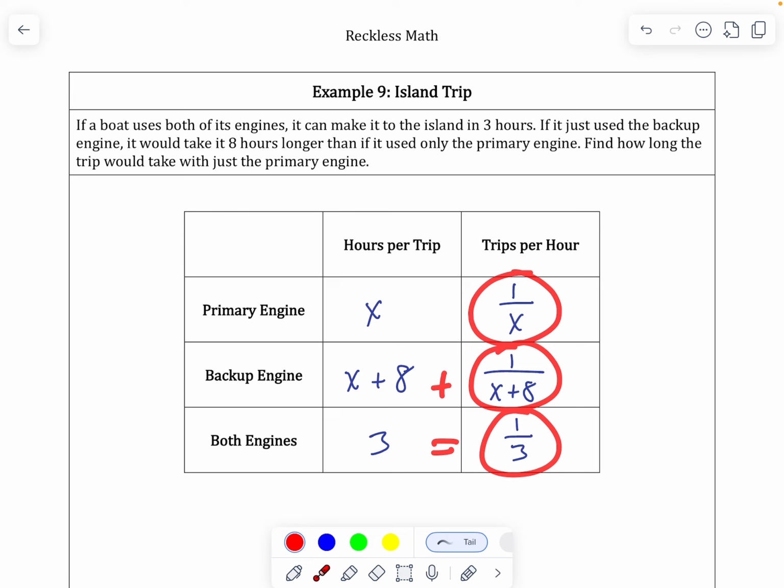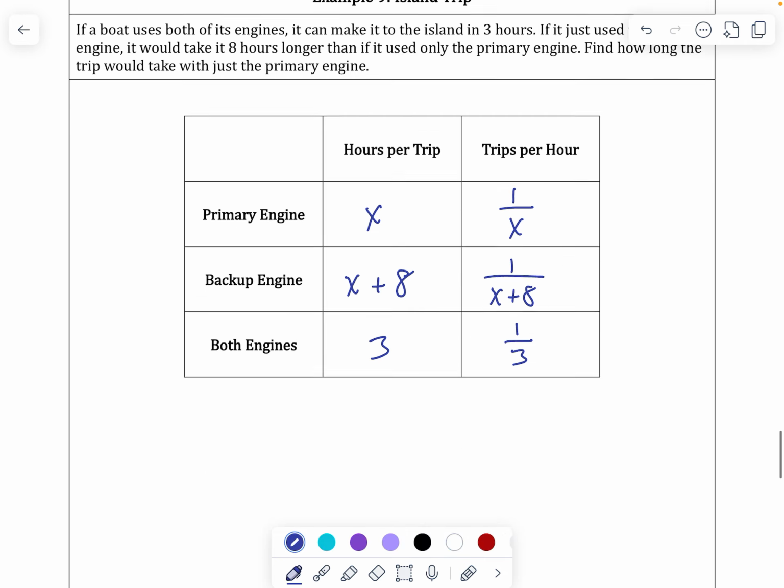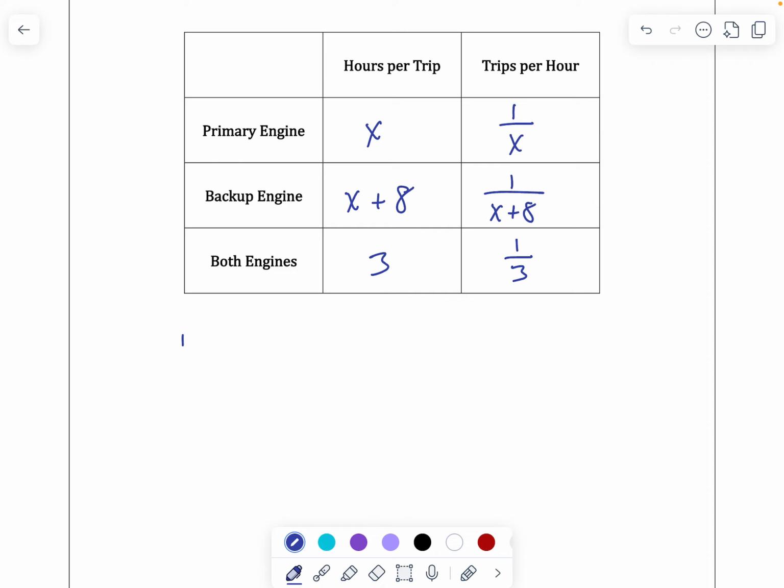However much of the trip the primary engine covers, plus however much of the trip the backup engine covers per hour, will amount to 1/3 of the trip per hour. Think about that. So our equation here is 1 over x plus 1 over x plus 8 equals 1/3.